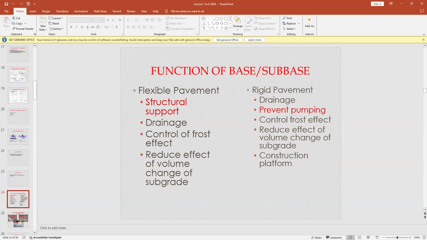But why don't we have this frost problem? It is because normally we have open graded aggregates.